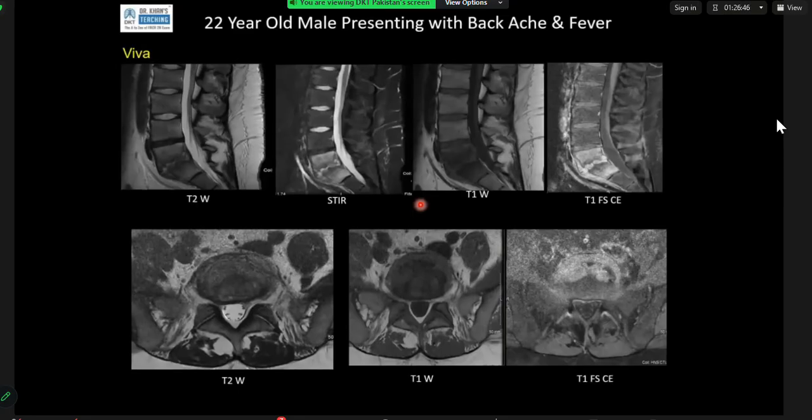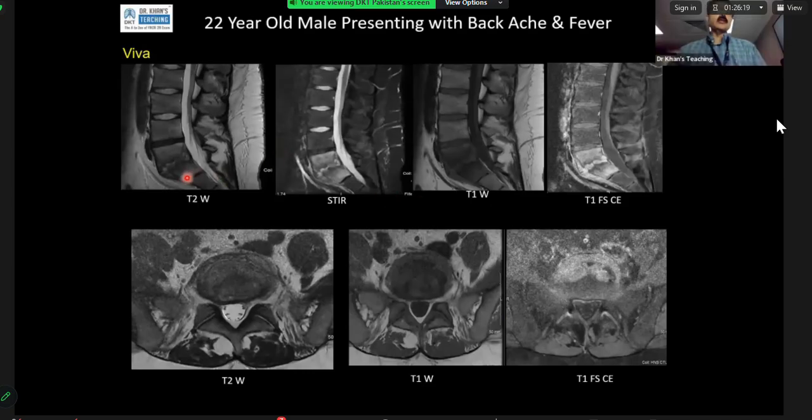According to these findings, I'm thinking in terms of discitis. This could be a pyogenic, that is bacterial, discitis involving the disc and the adjacent vertebrae with the prevertebral collection, and there's no extension into the spinal canal. I'll inform these findings to the referring clinician. Okay, well done, well done.